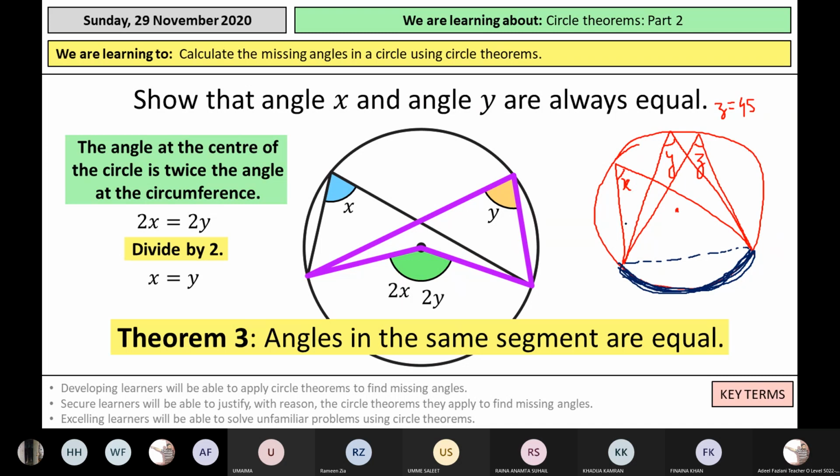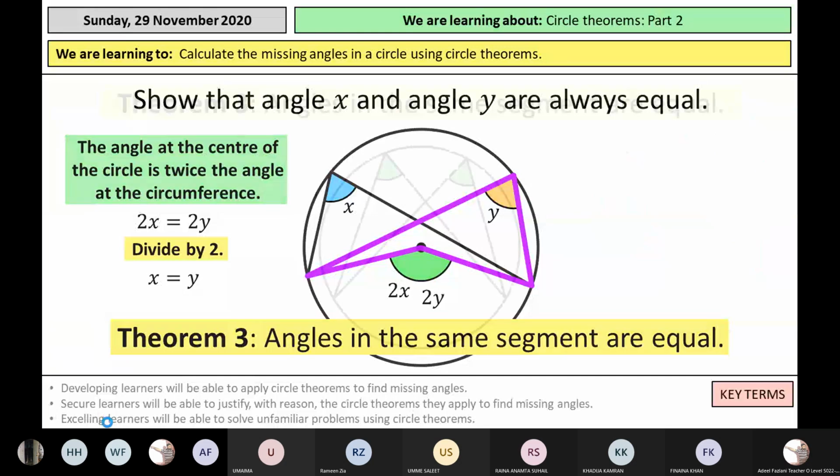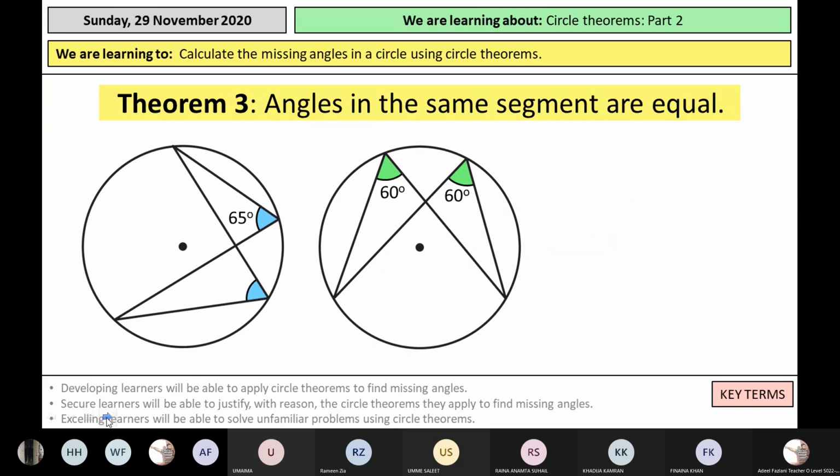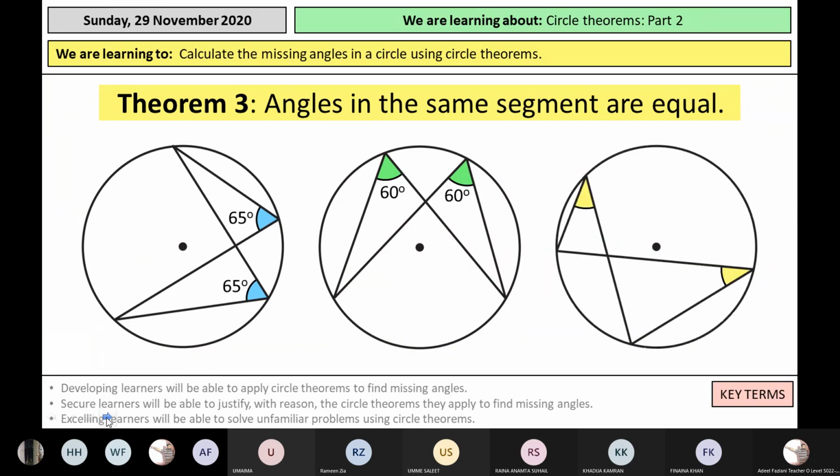Observe this triangle, this y triangle and x triangle, all are in the same segment. That's the reason x is 45 and y is 45. I hope the property is quite clear because we'll be moving to the next scenario of such questions. You will find the same angle in the same segments. Yes or no? Got it?